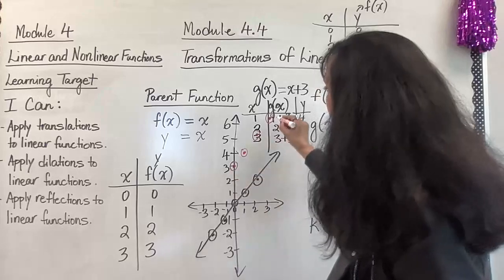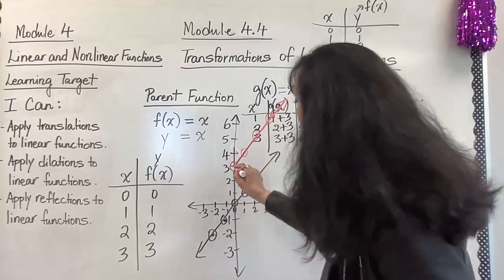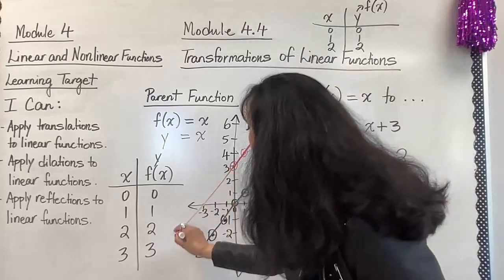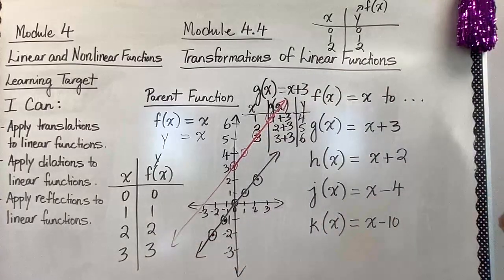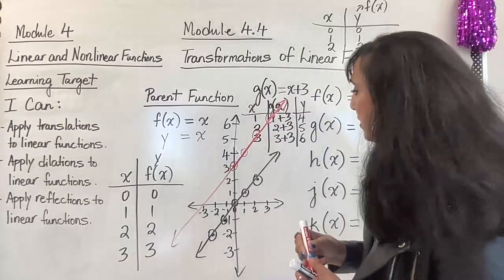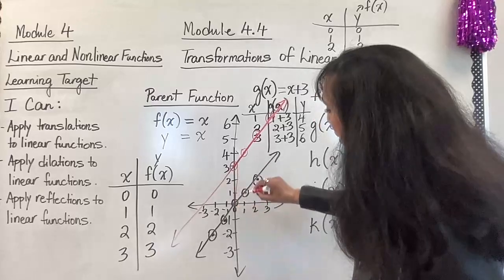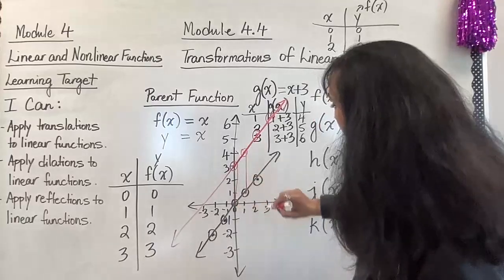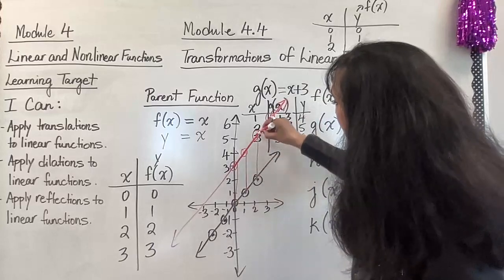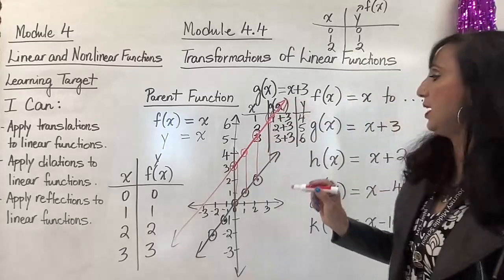So now let's look at this graph. Okay, so that is the new graph. So if I look at the distance between these, from 0 to 3, from 1 to 4, from 2 to 5, from 3 to 6, what do I see?